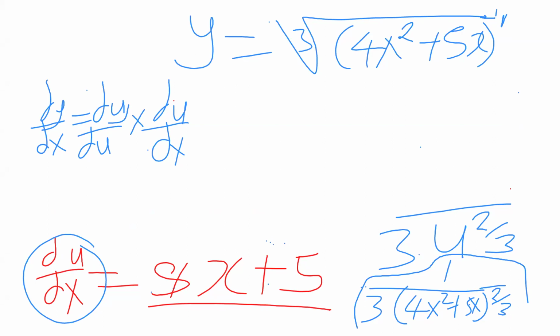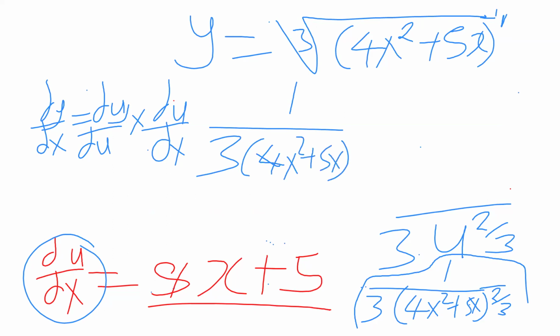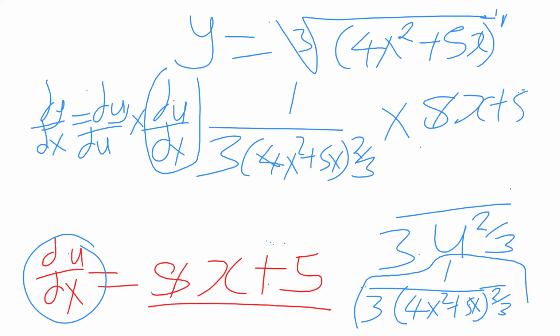Our dy over du, we said, is 1 over 3, open the bracket, 4x squared plus 5x, closing, to the power 2 over 3, times du over dx. You said it is 8x plus 5 over 1 if you want.